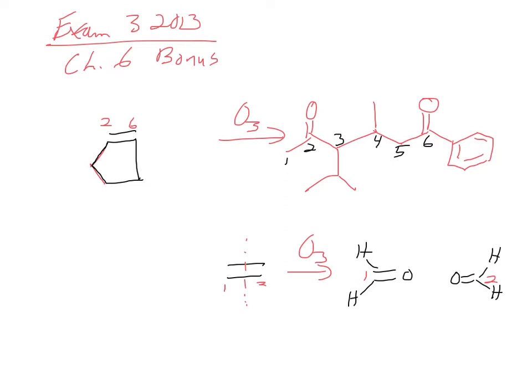One of those things was this phenyl ring off here. Carbon 6 is also bonded to carbon 5. Carbon 5 was bonded to carbon 4. What else was carbon 4 bonded to? That methyl. Carbon 3 is bonded to carbon 4, and carbon 3 is also bonded to this isopropyl. Carbon 2 is also bonded to carbon 1, which is right there. So that's how I piece it all together, working backwards.